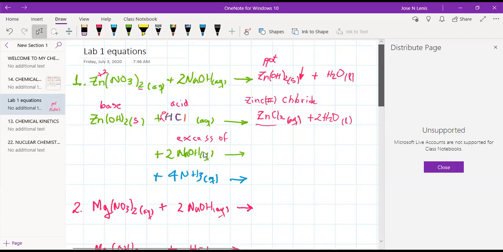Yeah. The next drop will react with all the precipitate. So zinc 2 hydroxide, and that will produce something different.